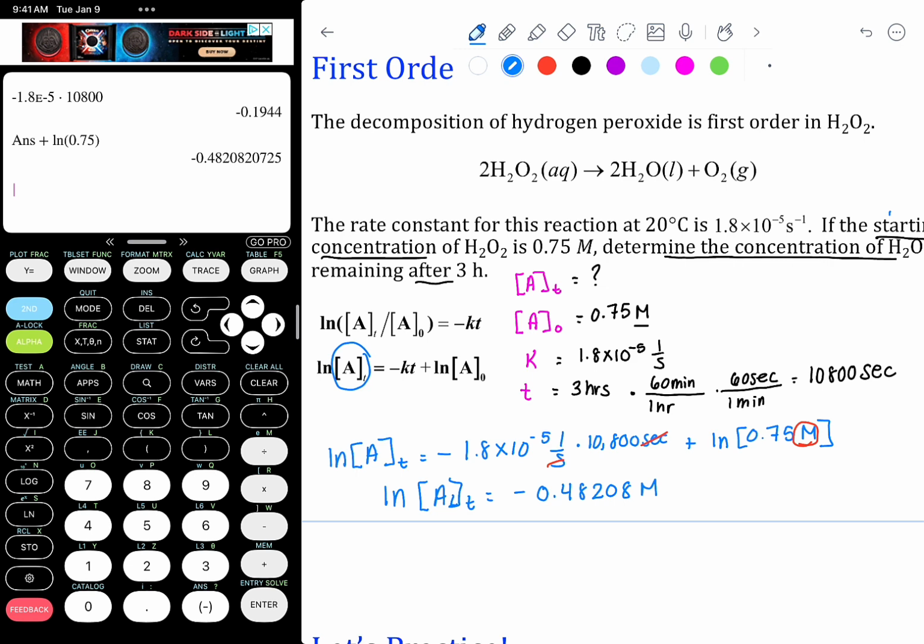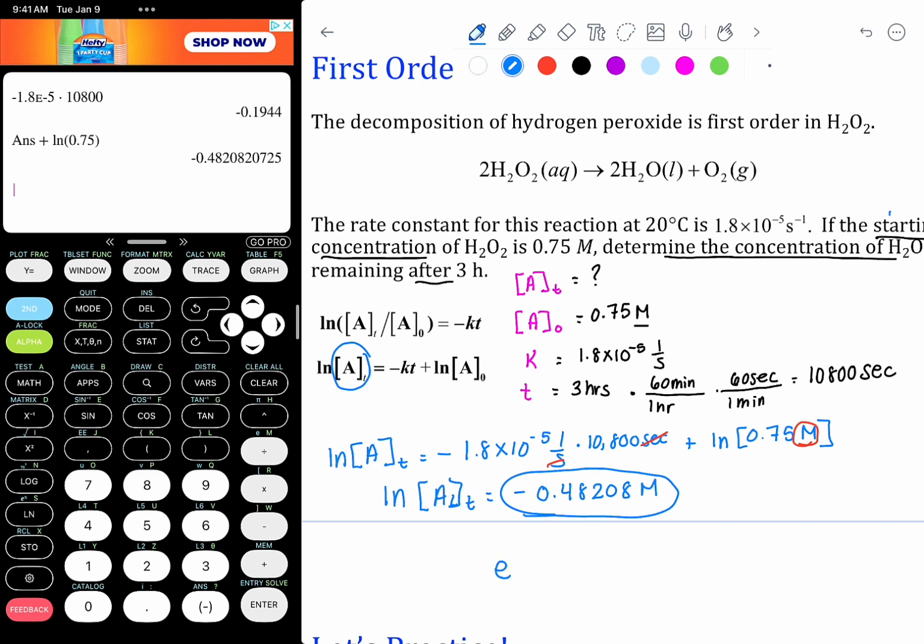So in order to get rid of a natural log, we have to take e raised to that value. That's how you undo or cancel out a natural log. On your own calculator, it's usually the second button and then you hit the natural log button, which gives you e to the, okay?